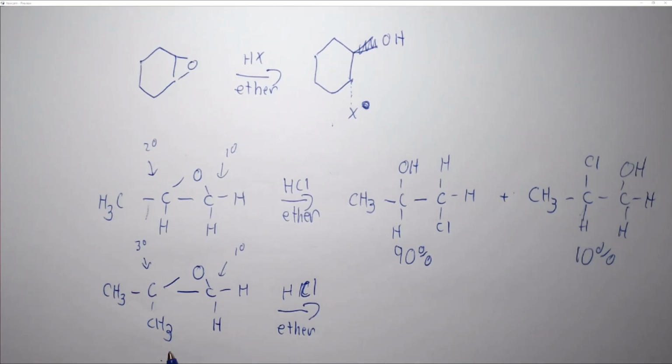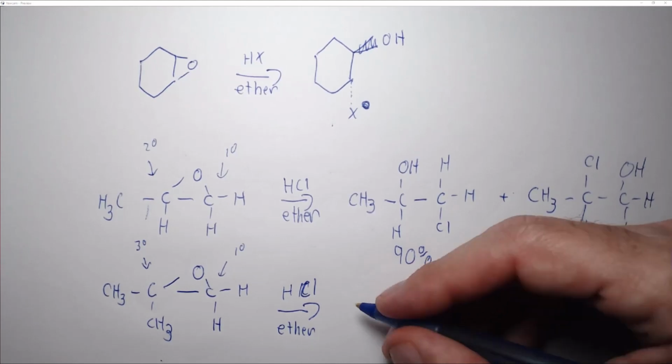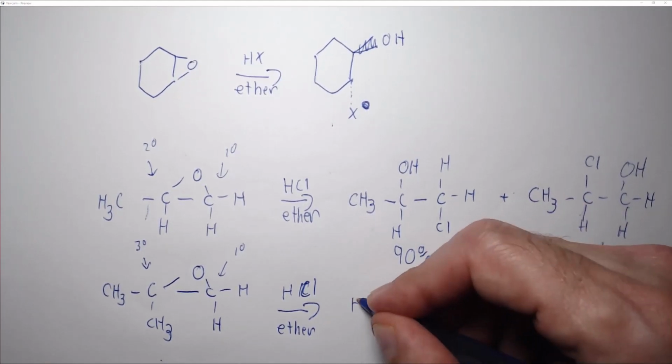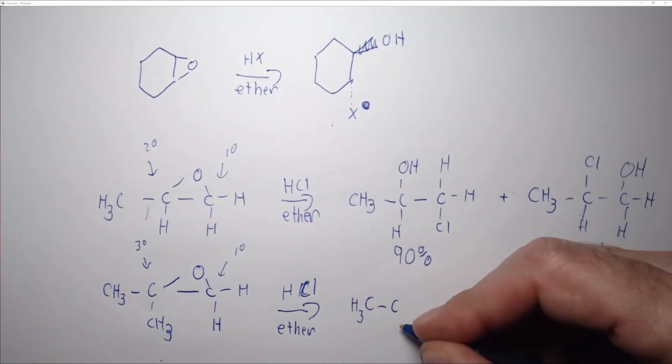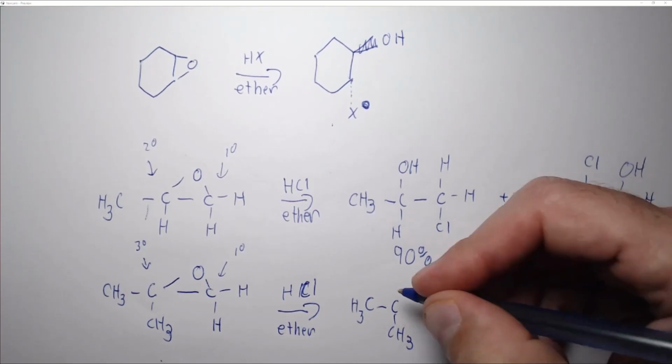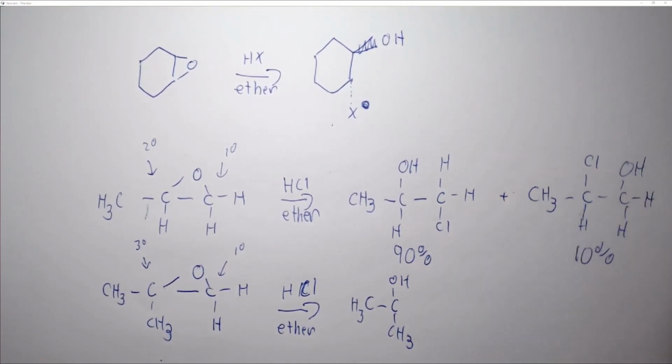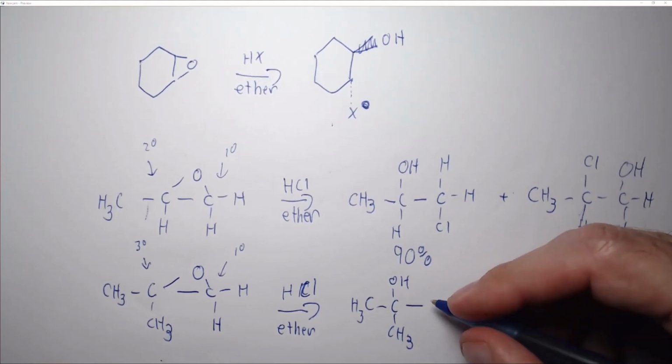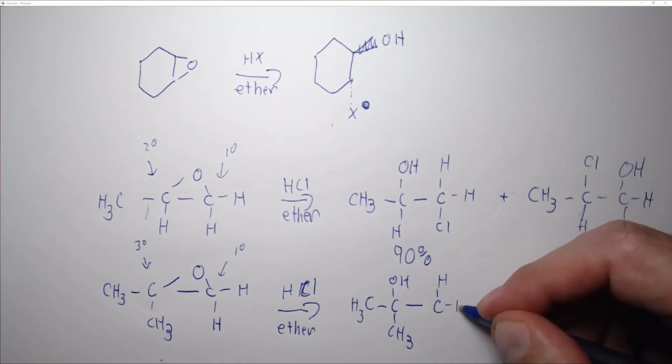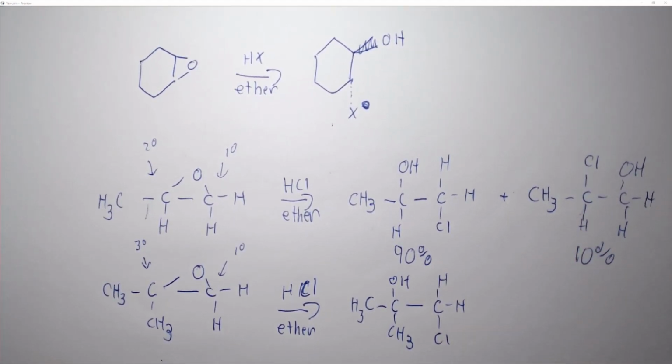Well, when I add this, I can get two potential products. So in this case, we have the OH sticking around here on the tertiary carbon, bonded to the CH2Cl. All right, so exactly the same as this one. In this case, the OH ended up here, and the C got the Cl. Said another way, the primary carbon got the chlorine, and the tertiary carbon kept the O.